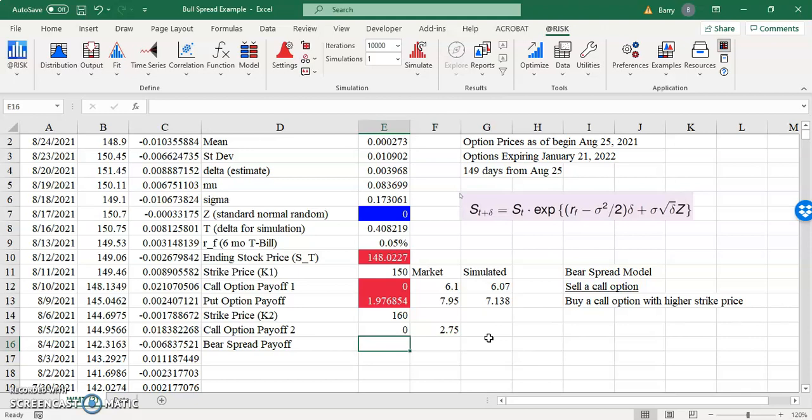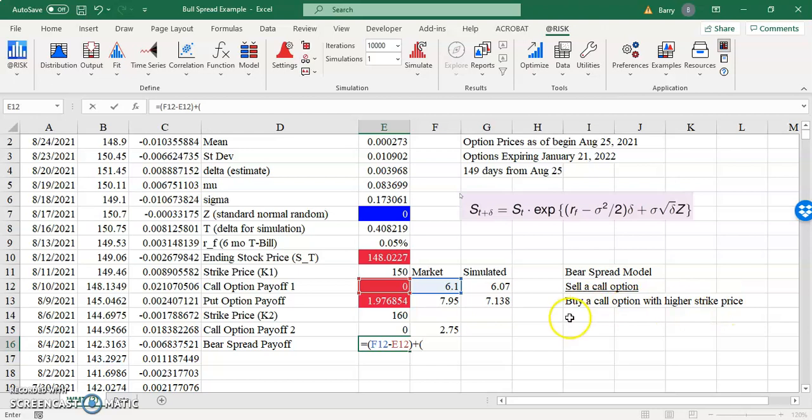Since we're selling the first call option, we're going to receive the price, and we're going to pay out the payoff. In this case, I'm going to use a market price for the first call option and a market price for the second call option. We would either want to use market prices for both or simulated prices for both.